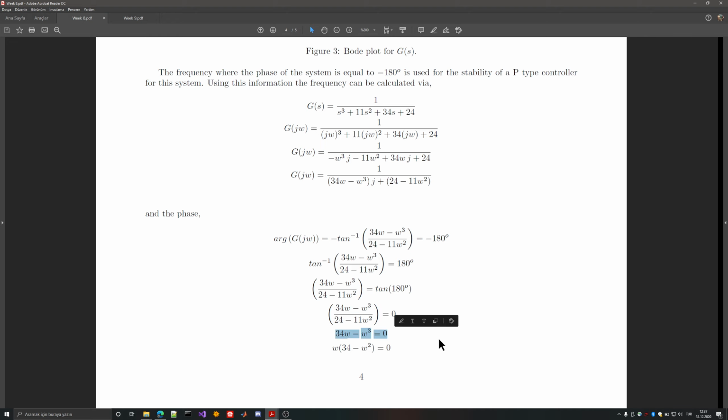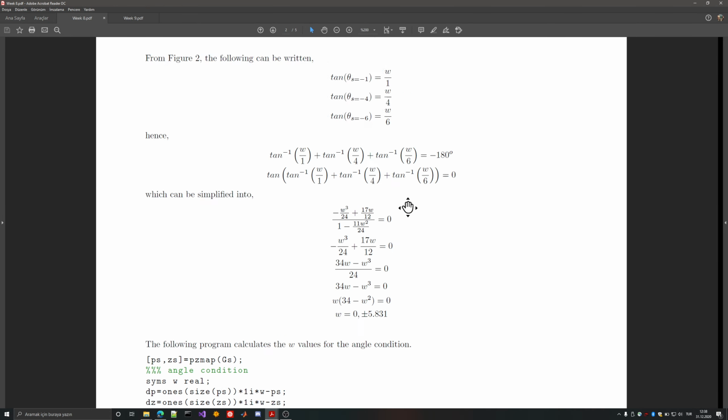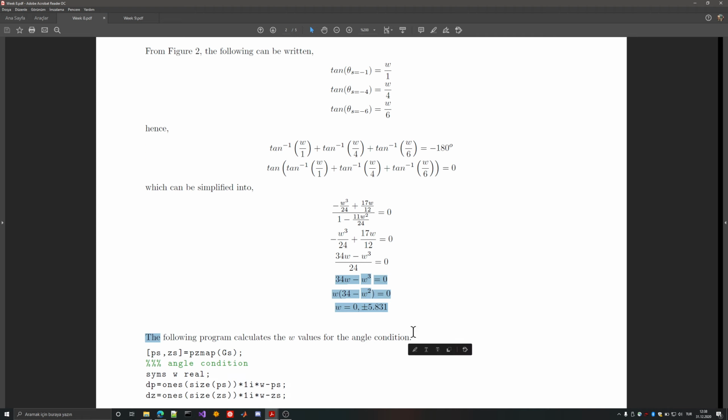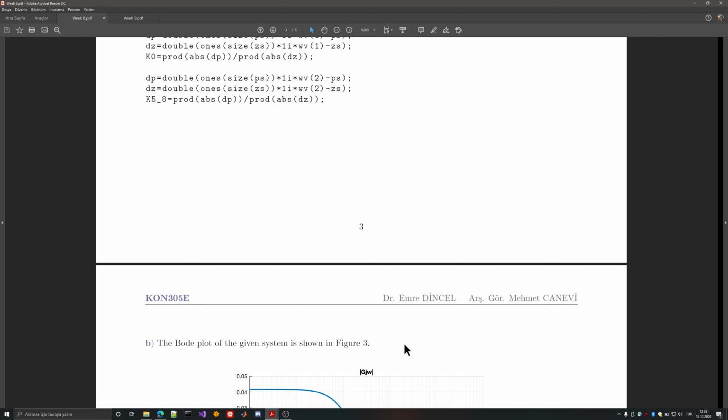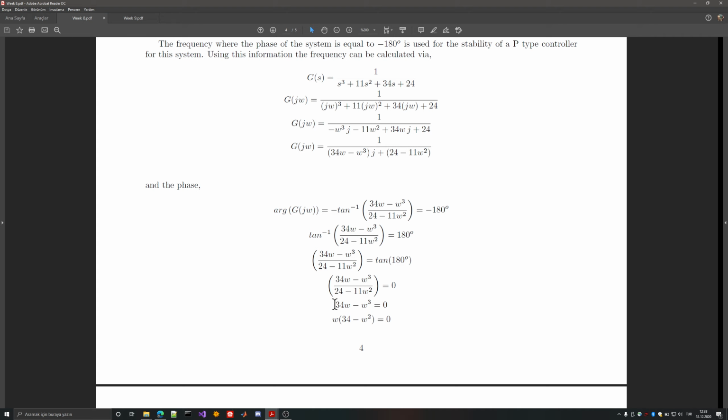And surprisingly, you have the same equation as before, because in the root-locus method, you've seen that we had a certain tangent, and this tangent had the same structure up to this point. We did some different calculations, but at the end we did get this here. So this means that we will get the same frequency as in the root-locus method. They have basically the same data in them.